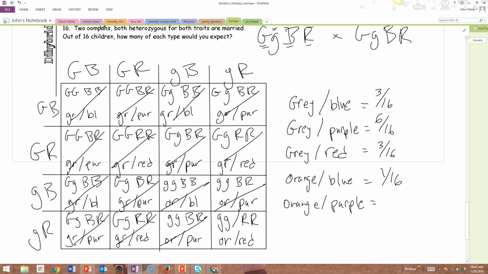These guys right here. And then orange-faced, red hair. 1 out of 16. So our ratio is a 3 to 6 to 3 to 1 to 2 to 1 ratio. That's a pretty complex Punnett square.